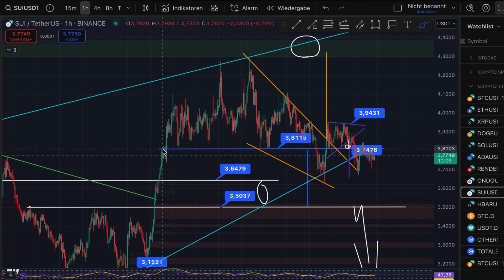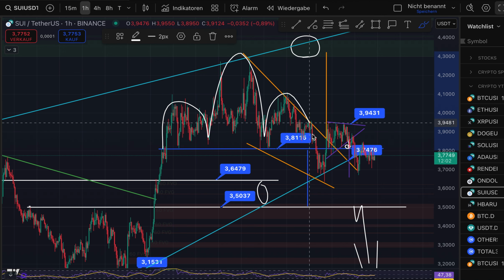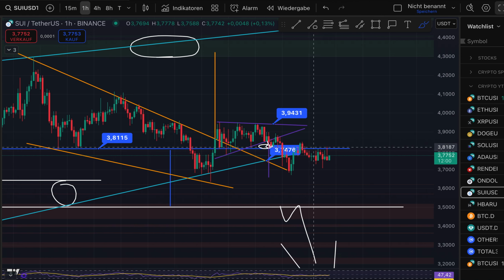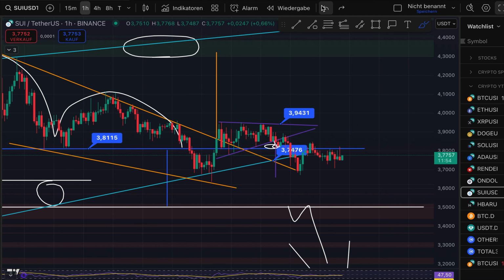No, that was wrong. Which was here, the head and shoulders formation. We bounced there, got the retest of that ascending triangle, and after that the follow through. So basically we met the target of that ascending triangle.